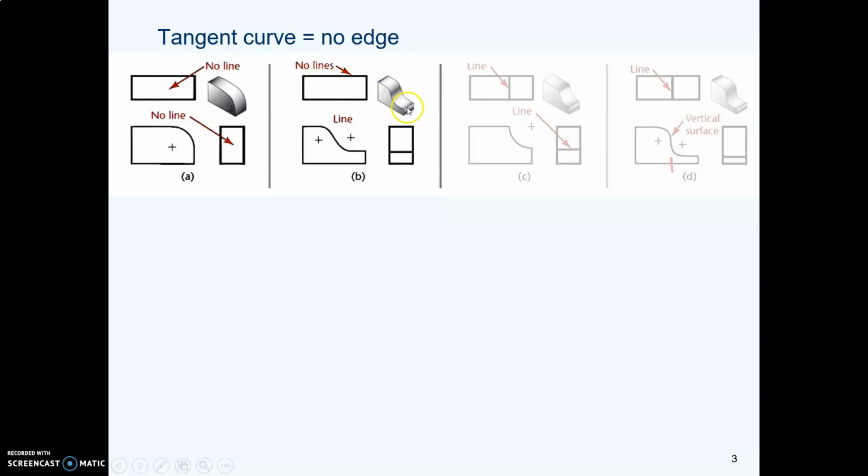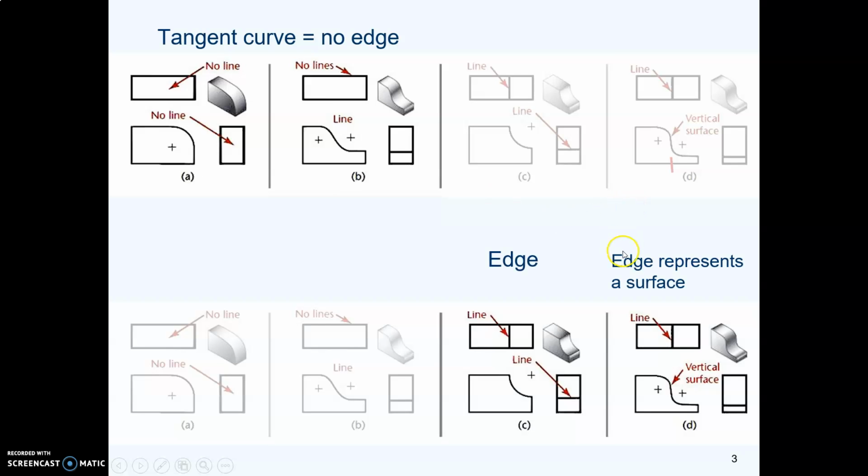But notice there is a sharp corner here at the lower edge, so we do show a line in the side view. Then the last two shapes, here is a part that has a curve cut out of it, and we do see sharp corners, so we do represent those edges with lines.